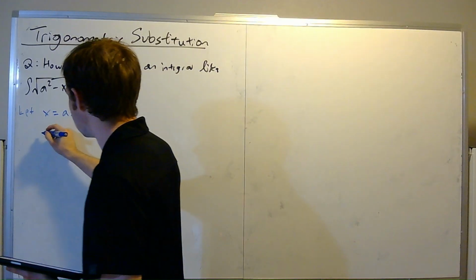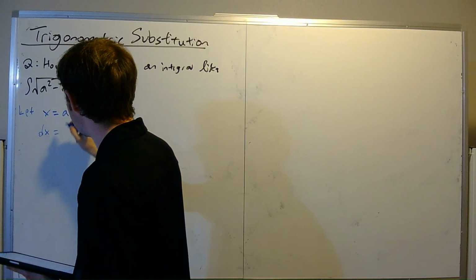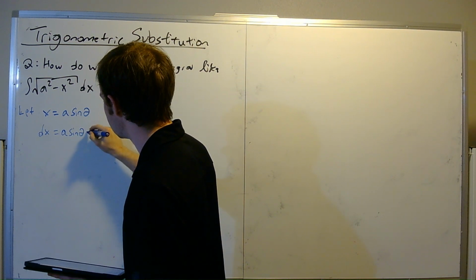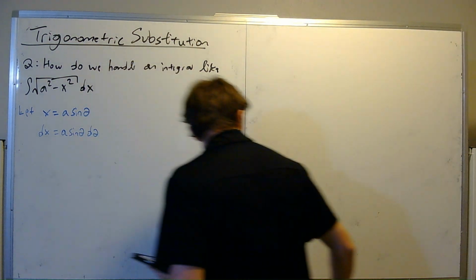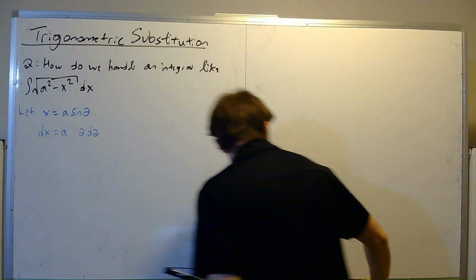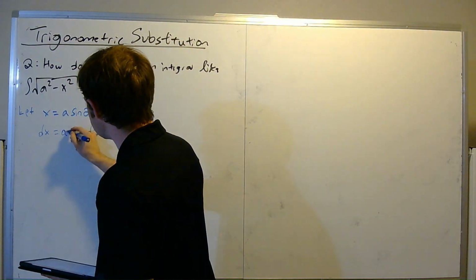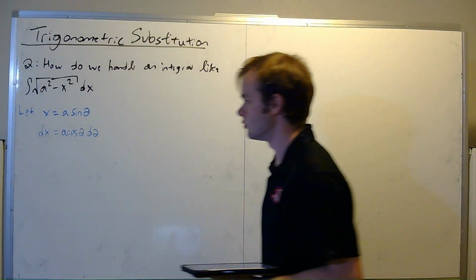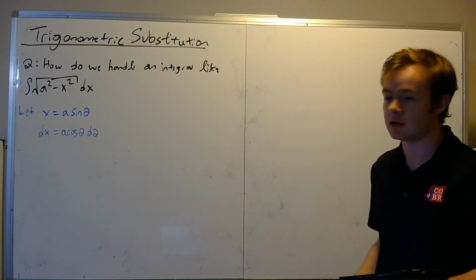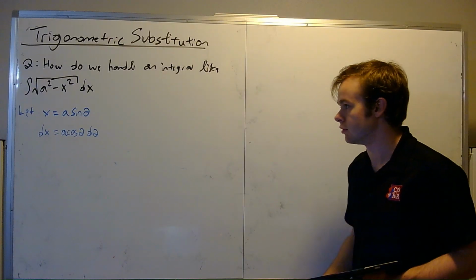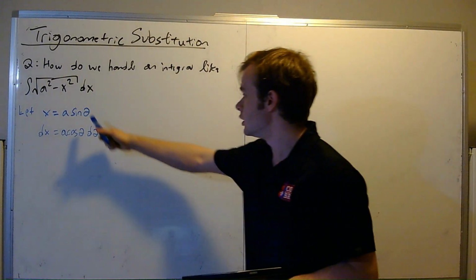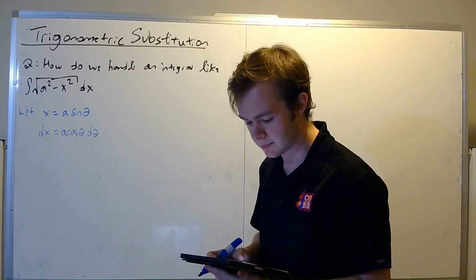So what we do here is we take the derivative of both sides, and the derivative of the right side is going to be a cosine theta d theta. Right, the derivative of sine is cosine, so dx by d theta would be a cosine theta, and I've moved the d theta to the other side. Okay, so now we can try to solve this integral just by using this information here.